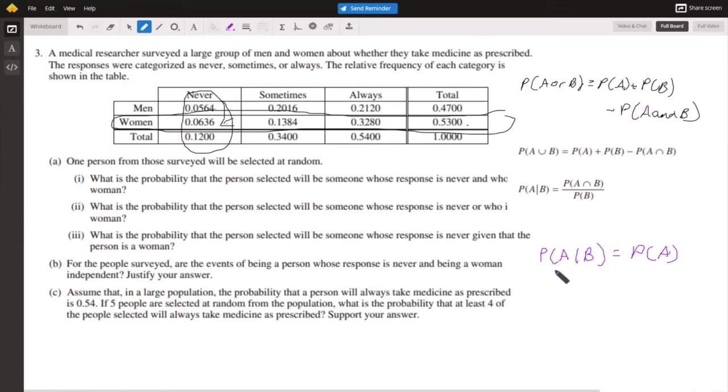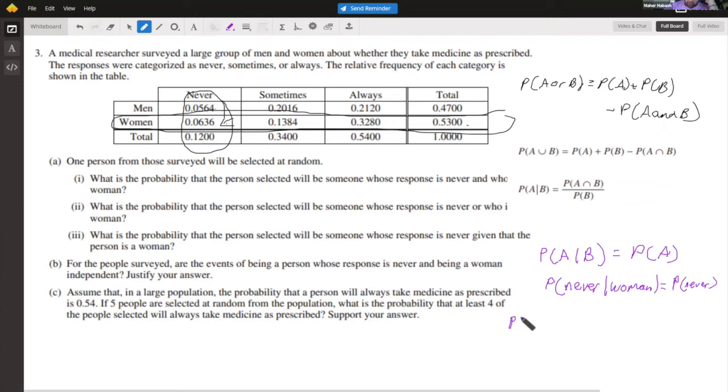Yeah. Now we have to calculate the probability of never and being a woman. So we could find the probability of never, given that they are a woman, and relate that to the probability of never.